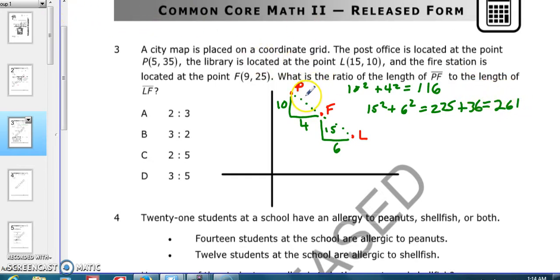So the distance of one line is the square root of 116. The distance of the other line is the square root of 261.